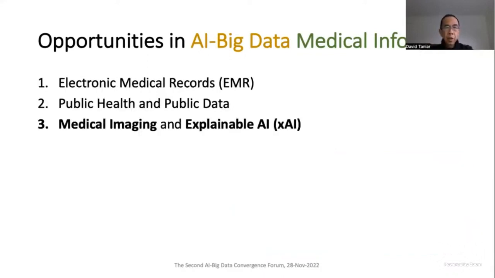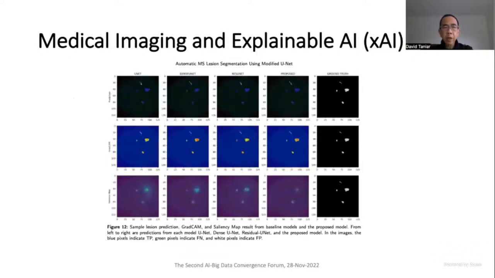The third one that I would like to explain is, of course, medical imaging and explainable AI. So in this case, we analyze data about the brain that has, in this case, the disease called multiple sclerosis, MS, which is a disease that will make you cripple over the years.